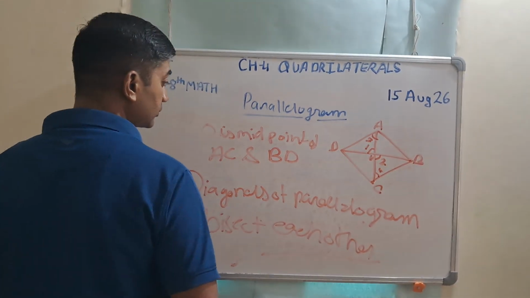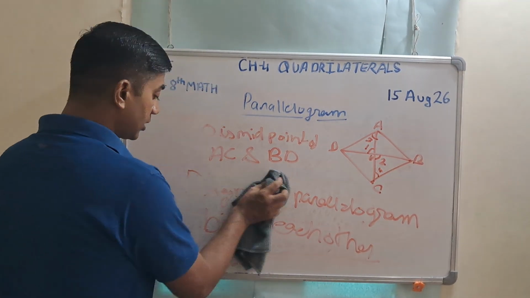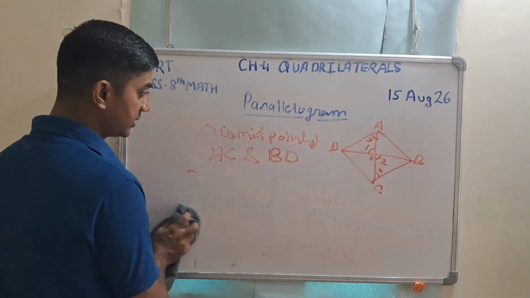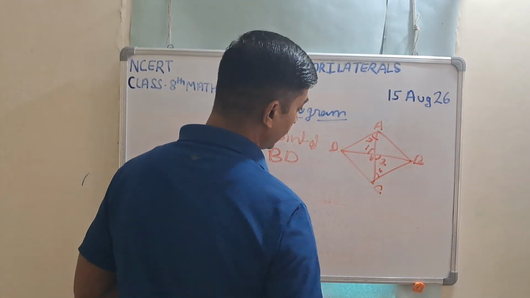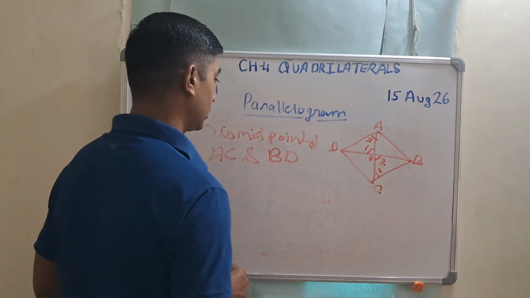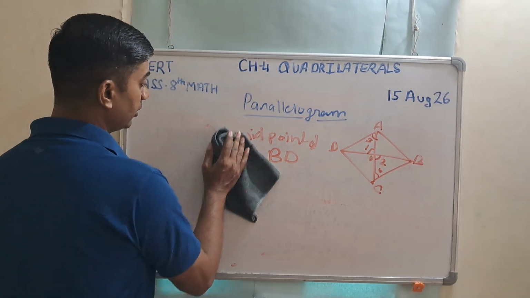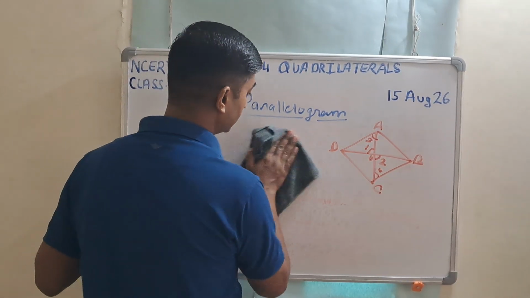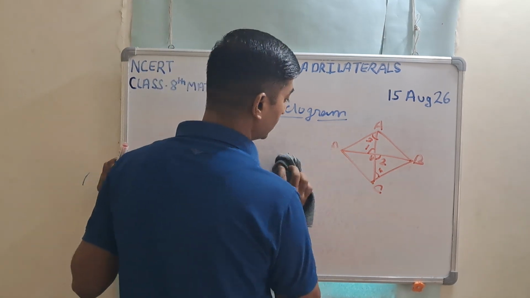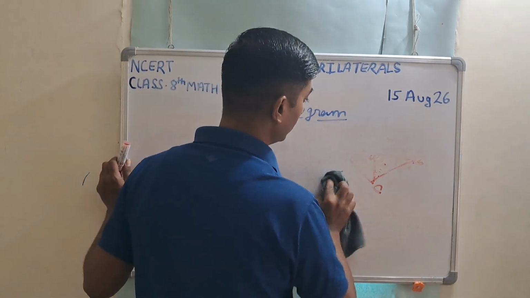Understood? And this is our deduction number 8, that the nature of O is that O is dividing the diagonals equally, or the midpoint of the diagonals. This is our deduction 8. Now we will move to the next topic, that is deduction 9. We will see what that is.